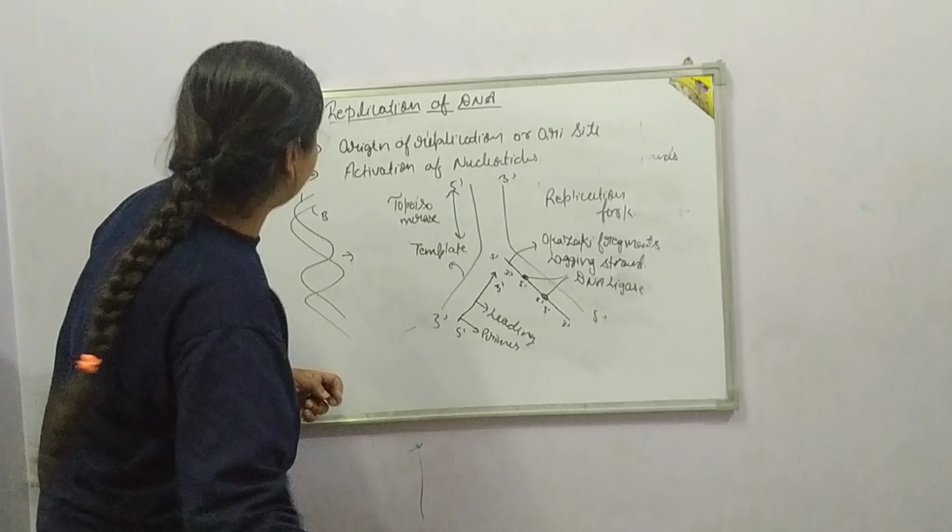Now the site of replication in the cell: we should know where replication takes place. DNA is present in the nucleus, and during cell division there is one phase, the S phase or synthesizing phase, in which replication of DNA takes place.